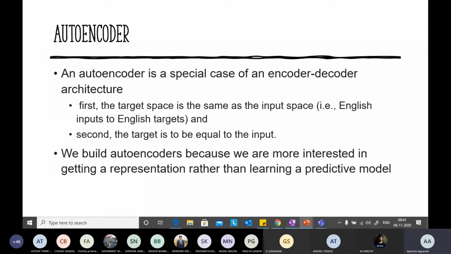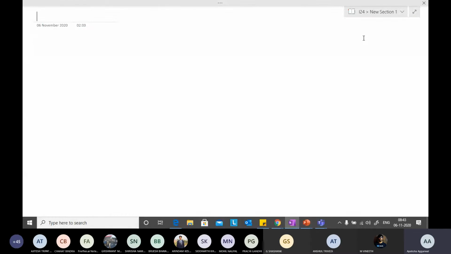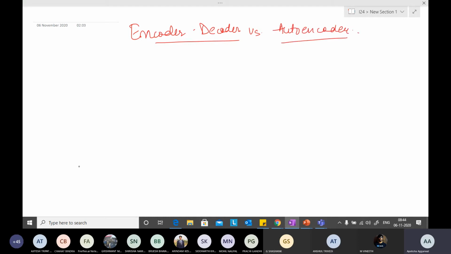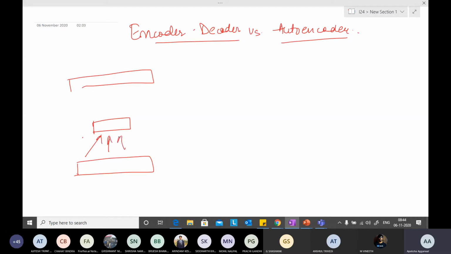For example, in encoder decoder, suppose you have some sentence in English, with some words, and you want to convert it into French.